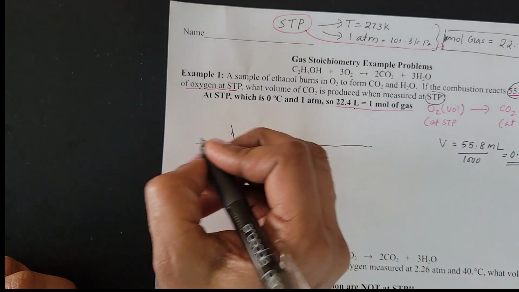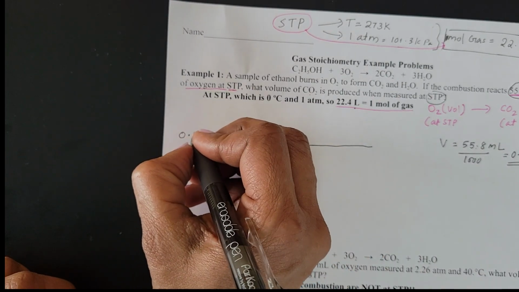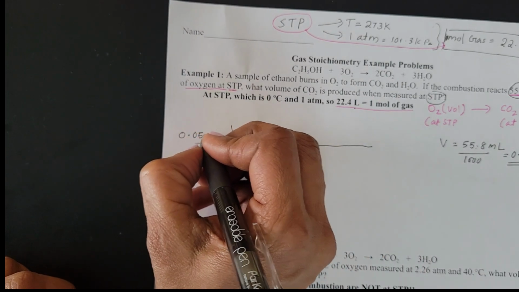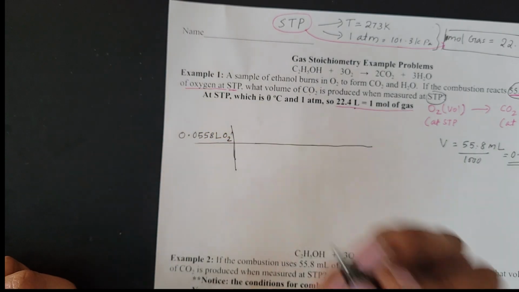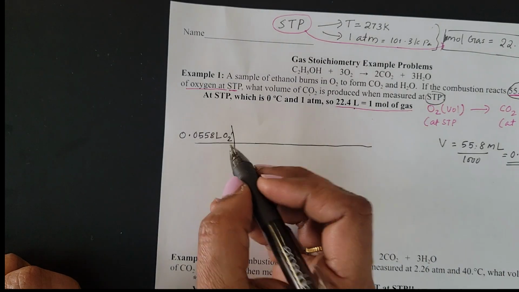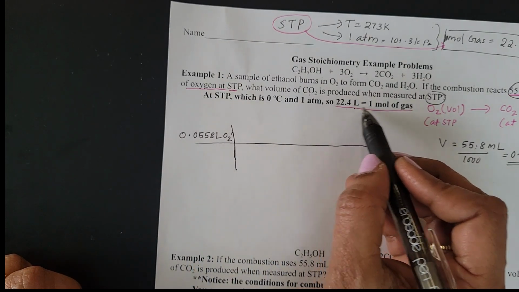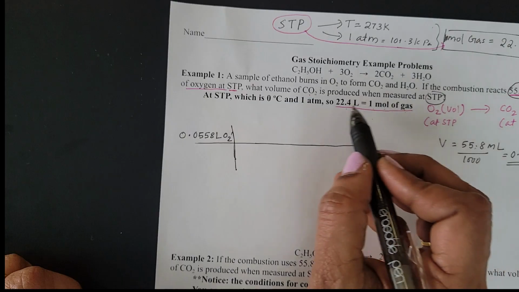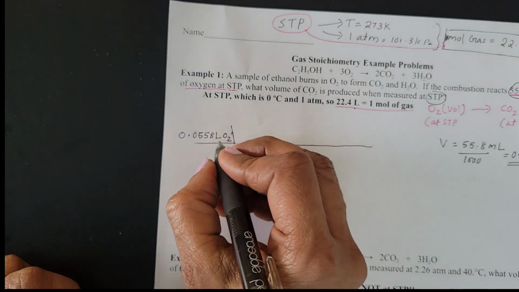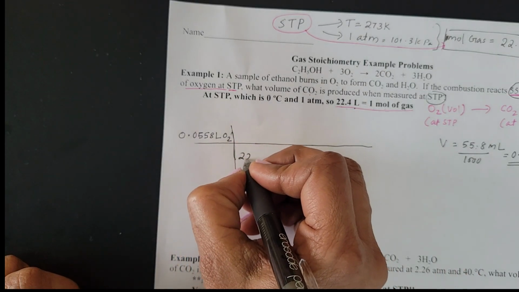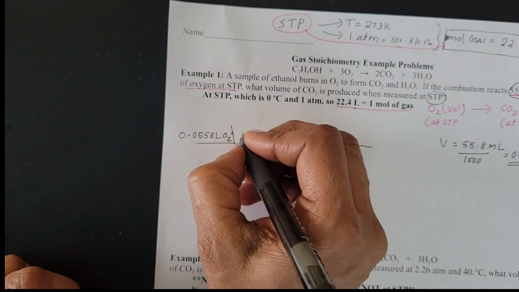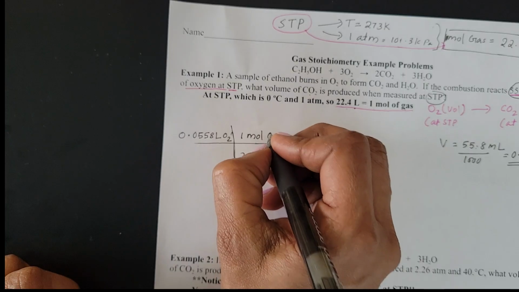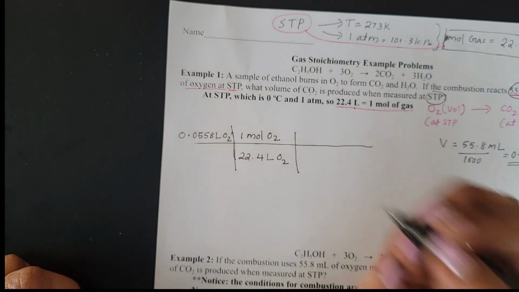So we'll start your T-chart stoichiometry from the given value in liters. That is the volume of oxygen. Then we know that since it is STP, 1 mole of oxygen will be 22.4 liters. Since it is liters here, you are going to write 22.4 liters of oxygen is 1 mole of oxygen. Okay.